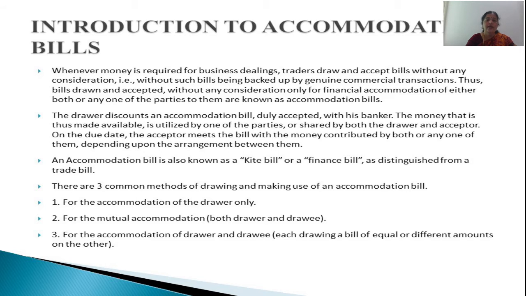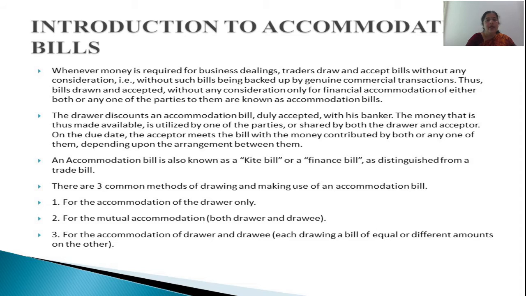As the drawee has not received any amount on the bill, the drawer has to provide him the amount, so that he honors the bill on the due date to the drawer's banker. So this is the arrangement that will be done in case of accommodation bill.